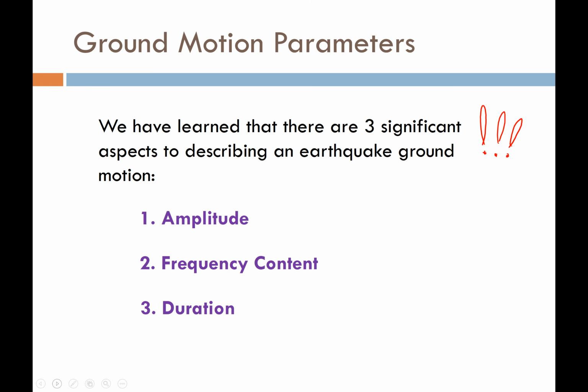So all three of these things are really, really important: amplitude, frequency content, and duration. And the trick is that different ground motion parameters tend to describe one, maybe two of these three things. But there's only a couple of ground motion parameters that describe, in essence, all three of these categories.